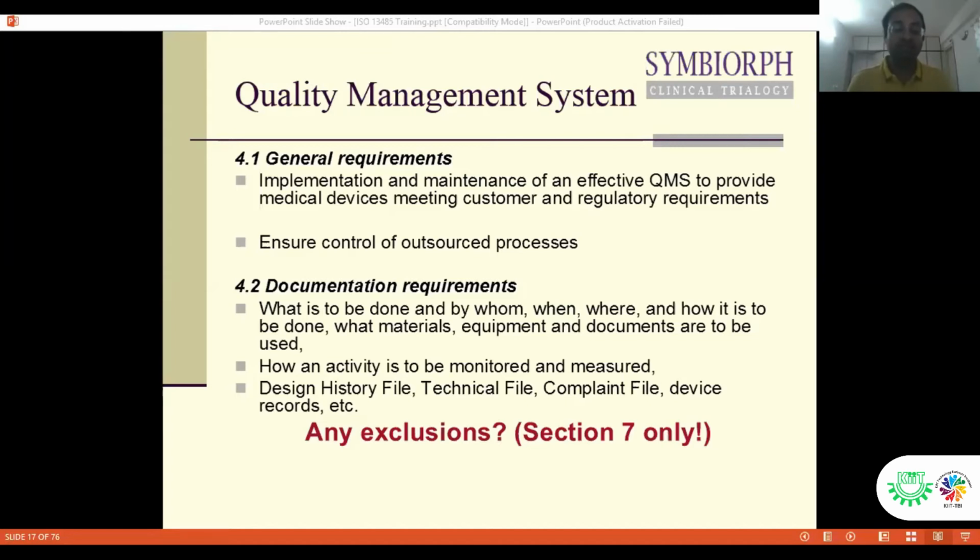Most of the companies receive major NCs under this clause only because they are not fulfilling the requirement of the actual activity, they have not executed the quality agreement, and they are not meeting all the clause requirements in the quality agreements.